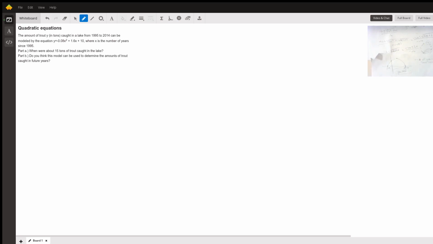So we can't actually use this graph to solve for future years, because in future years, years past 25, let's say 2021, my graph is going to be in the negatives, and there's no way to fish a negative number of fish.